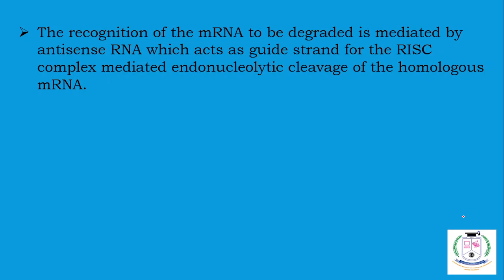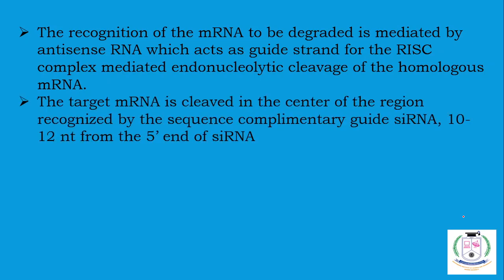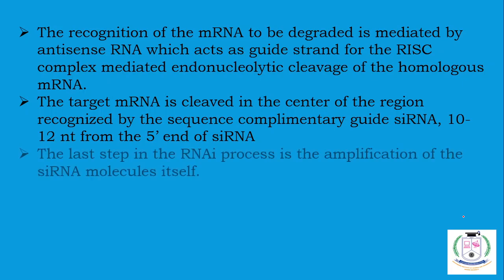The recognition of the mRNA to be degraded is mediated by the antisense RNA, that is the siRNA, which acts as a guide RNA strand for the RISC complex, and this mediates an endonucleolytic cleavage of the homologous RNA, that is your target mRNA. The target mRNA is cleaved in the center of the region, by sequence complementarity, as we have already seen. It is actually 10 to 12 nucleotides from the 5' end of the siRNA.